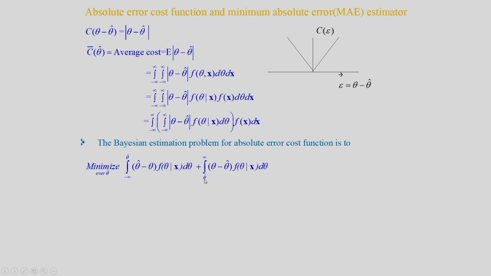In this interval, theta hat to infinity, theta minus theta hat will be a positive quantity. On the other side, theta minus theta hat will be negative. Therefore, we write theta hat minus theta into f of theta given x d theta. So, that way we have integration from minus infinity to theta hat and theta hat to infinity.